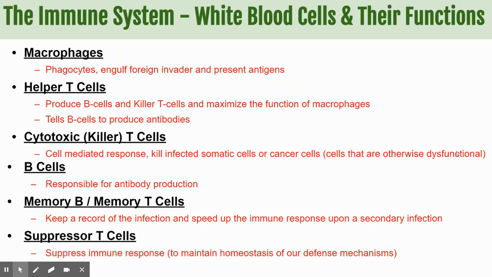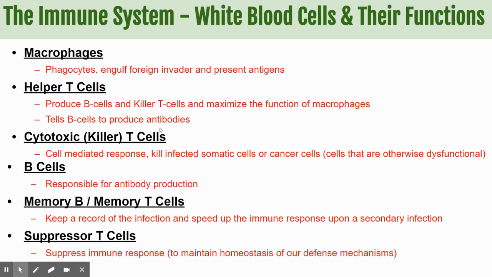All right, so here's just a breakdown of the different cells in this process and what their functions are. We've got macrophages, or phagocytes, which engulf foreign invaders and present the antigens on their surface. Helper T cells come along, they produce the B cells and killer T cells and maximize the function of the macrophages.